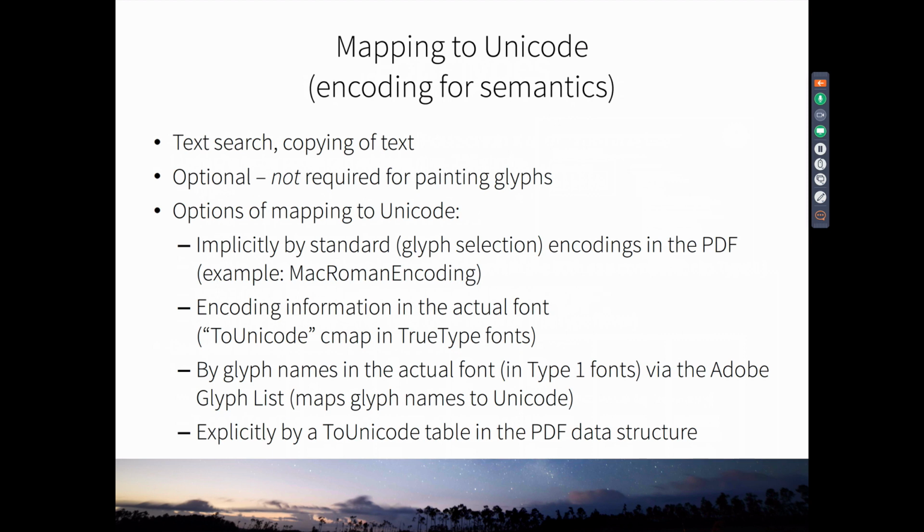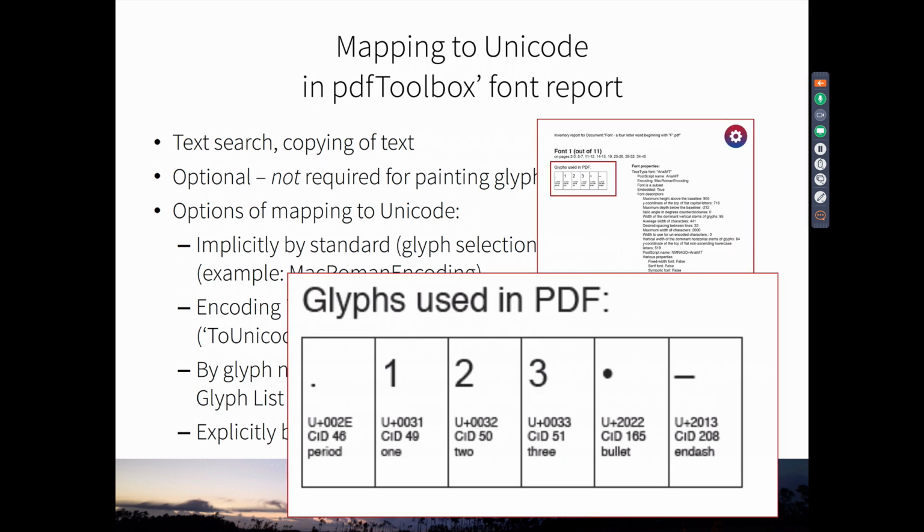Important for now to understand, there is glyph lookup encoding, and then there is Unicode, and these are different from each other. And these are two screenshots from our font report, so yet another pdfToolbox feature. It displays here a certain font, which happens to have only 6 glyphs in it, and the glyphs can properly be associated with Unicode code points, and therefore our engine can write out the Unicode code points here.